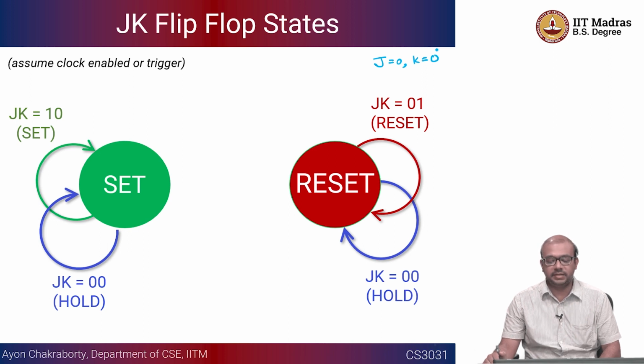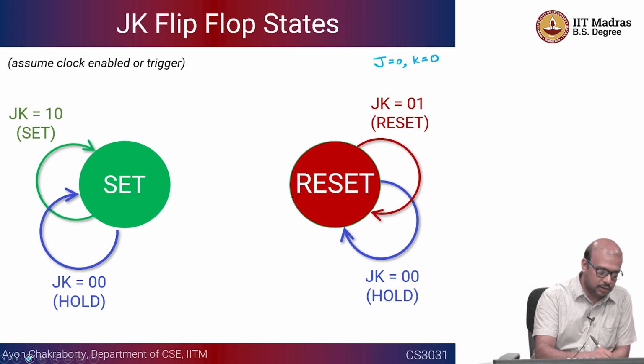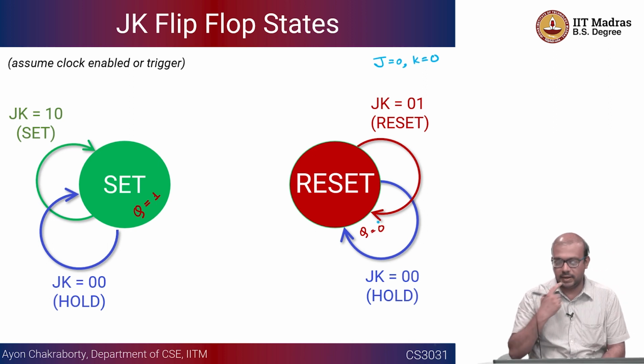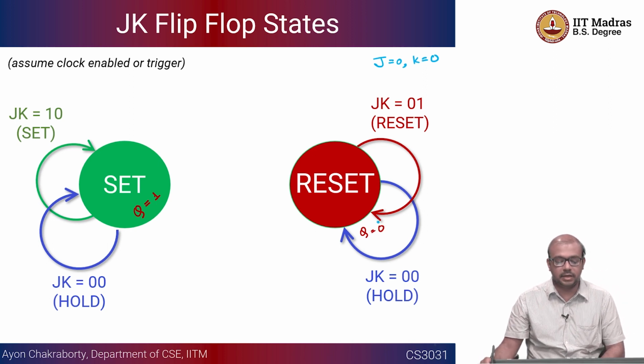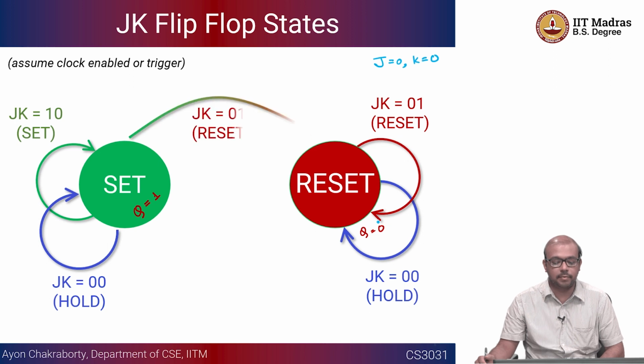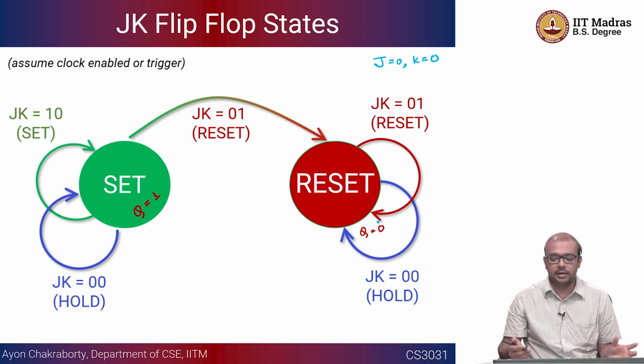And if you want to reset a set circuit, for example, if q is equal to 1, let's say here q will be equal to 0, and if you want to make q equal to 0 from the q equal to 1 state, that is, you are trying to reset a set circuit, in that case, you have to put j equal to 0 and k equal to 1. So it's very simple. J equal to 0 and k equal to 1 is always going to reset the circuit.